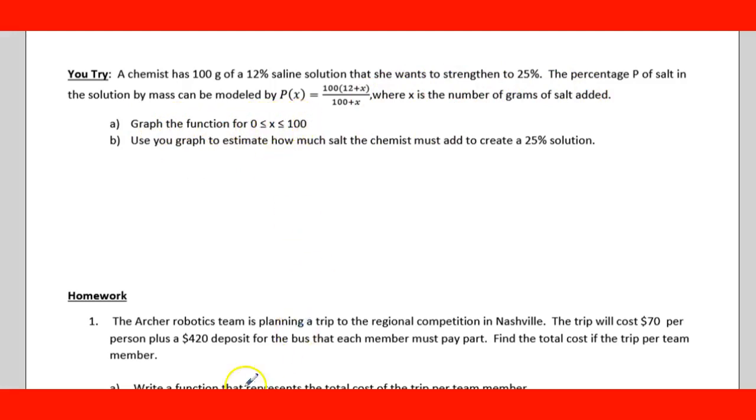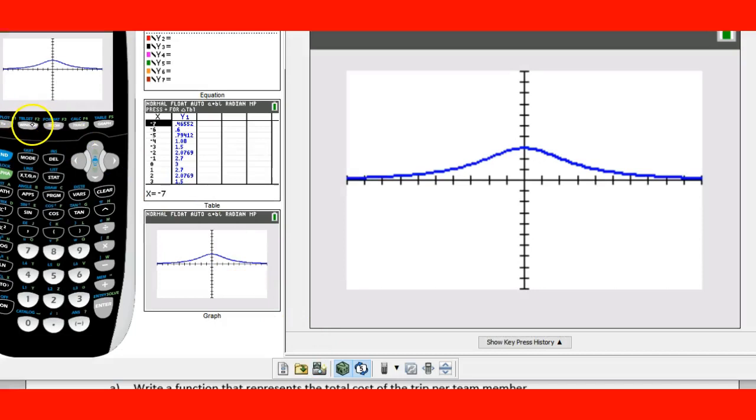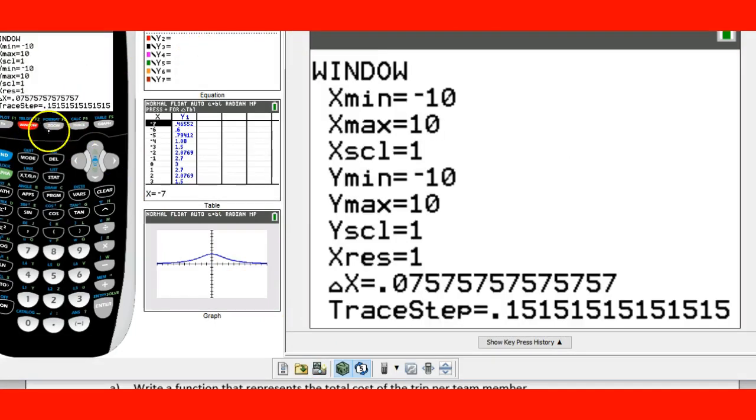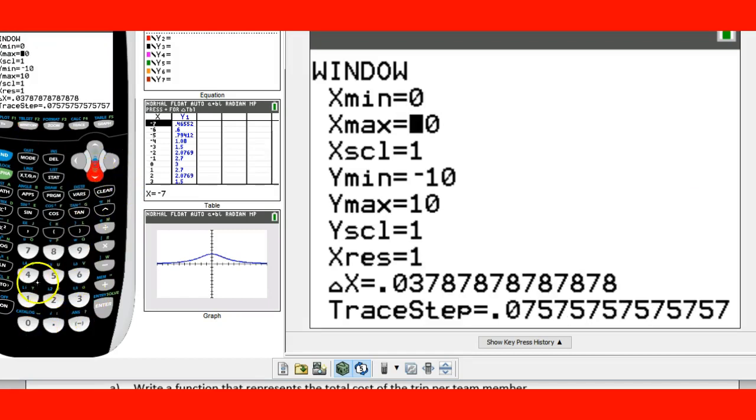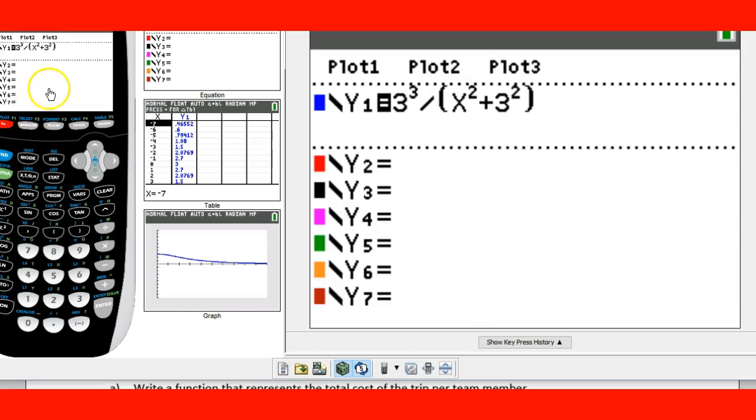Okay, 0 to 100. So when you graph it, they simply want you to change your window range from 0 to 100. So like this, you would go right here. Your x scale from 0 to 100 for the max. Like that. So now when I graph the equation, let me clear this out.